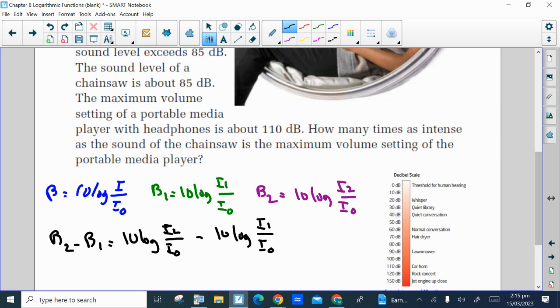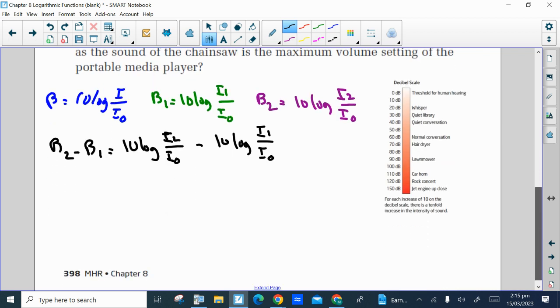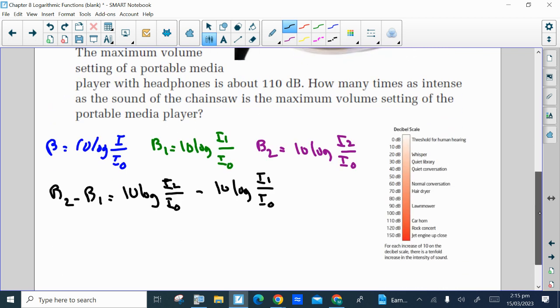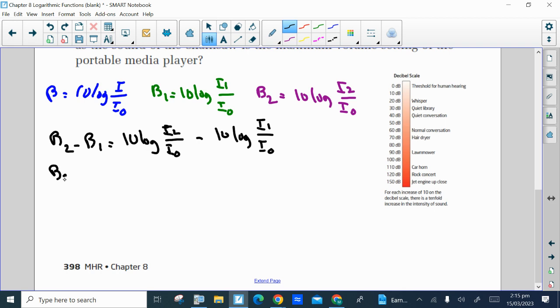Right? So this equation that we've written here, we can simplify it on the right by taking out a common factor of 10, and that'll leave us with log I sub 2 over I sub 0 minus log I sub 1 over I sub 0.